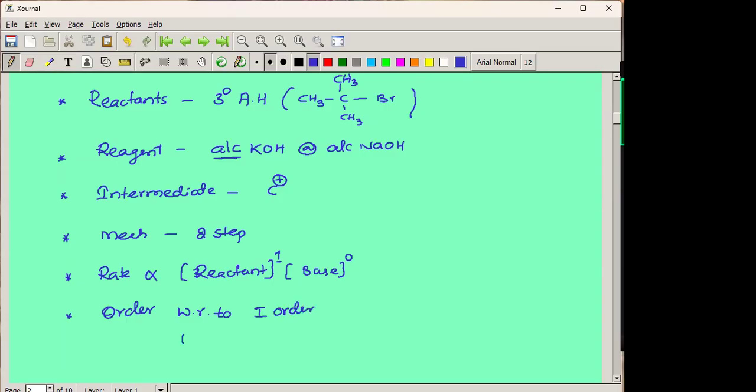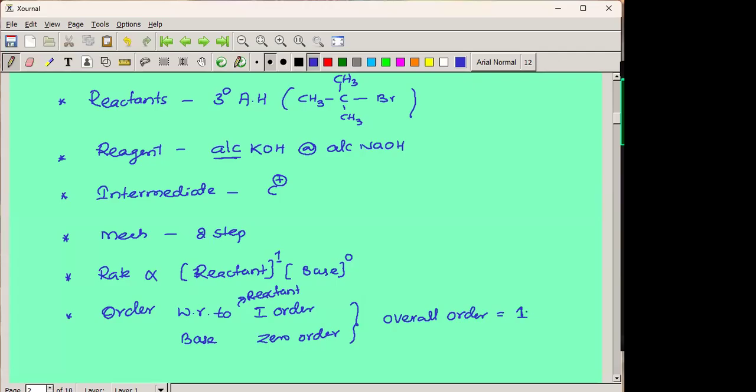With respect to base, it is zero order. Is it clear? With respect to reactant, it is first order. With respect to base, it is zero order. Overall order is first order.